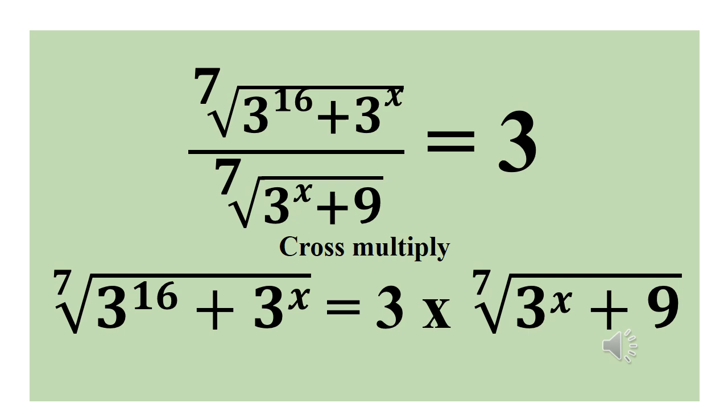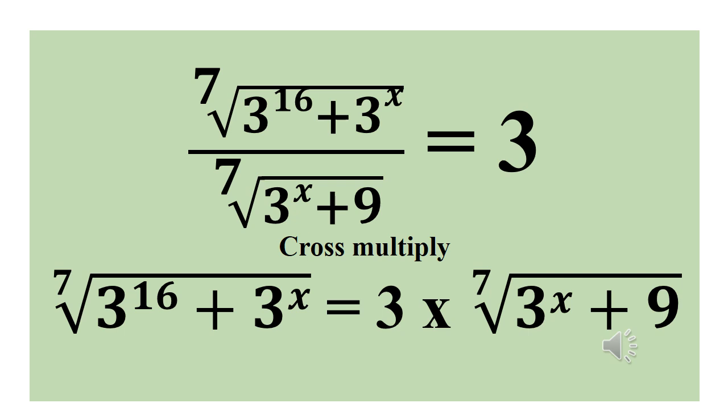So the first thing we are going to do here is to separate the 7th root. If you separate that, we will have the 7th root of 3 raised to power 16 plus 3 raised to power x over the 7th root of 3 raised to power x plus 9 equals 3. So from there we can cross multiply it.